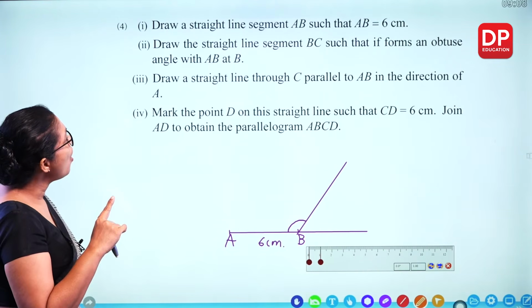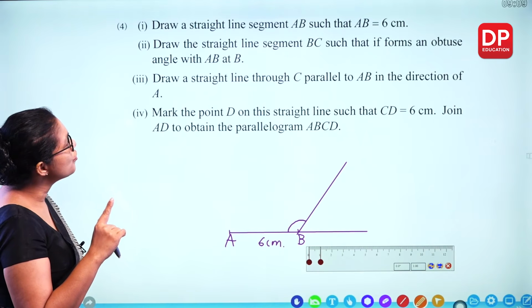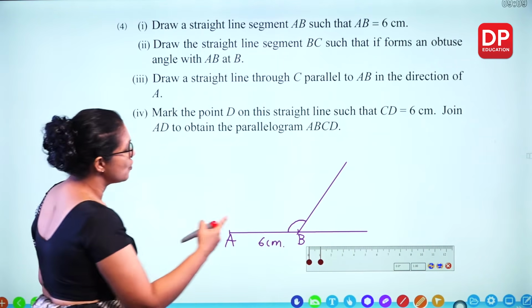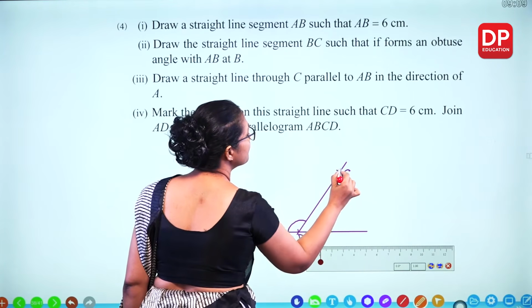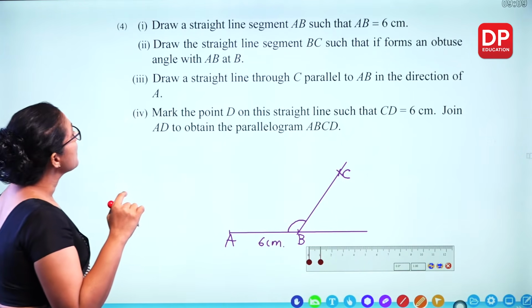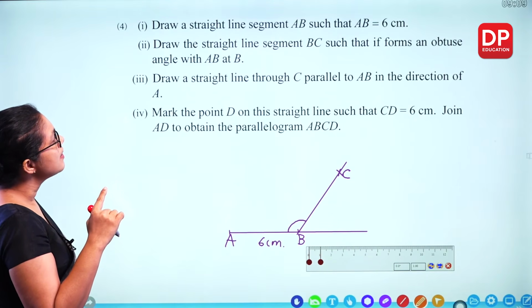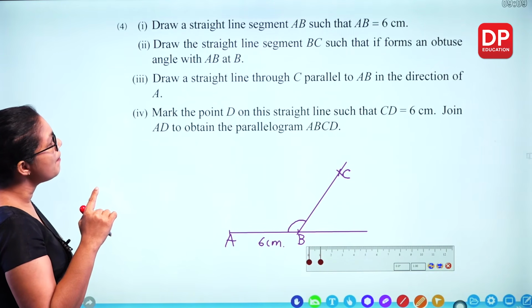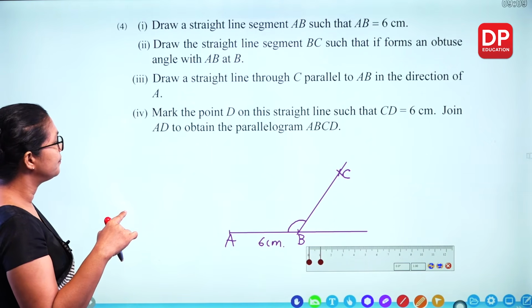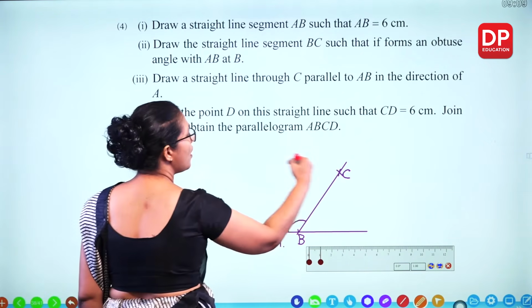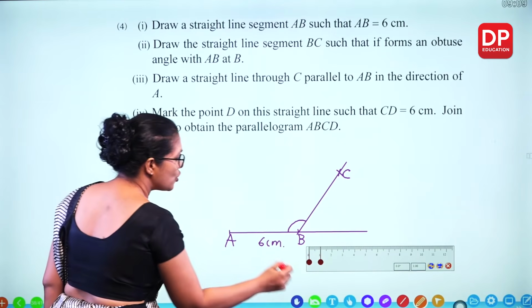Now draw a straight line through C. So this point I can mark as C. Draw a straight line through C parallel to AB in the direction of A. So you need to draw a parallel line here. So what you do?